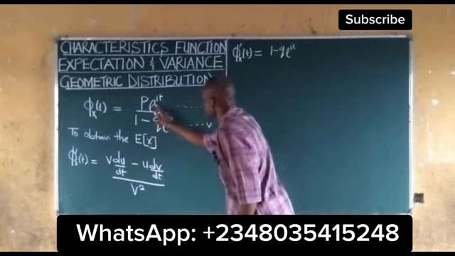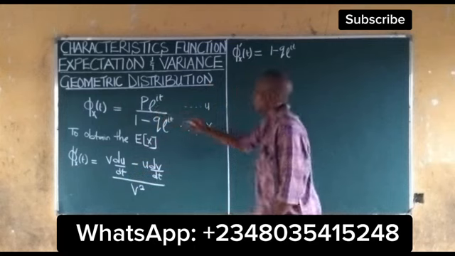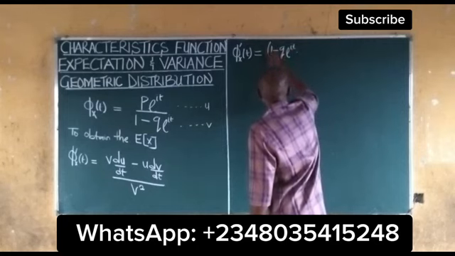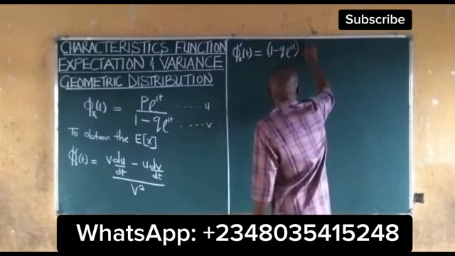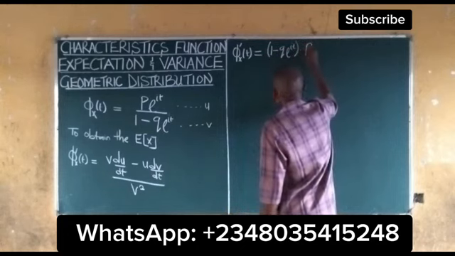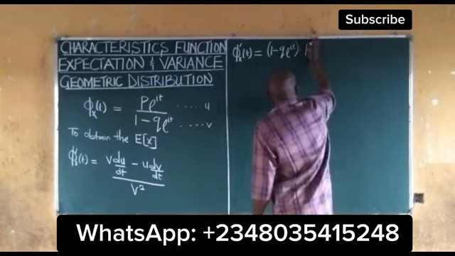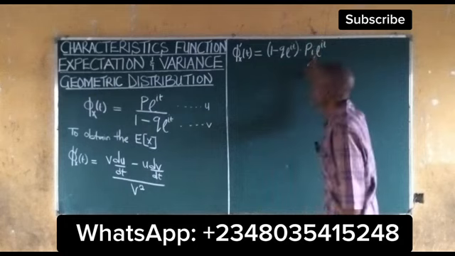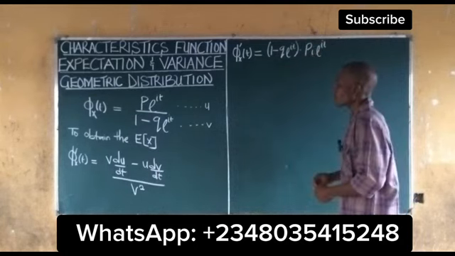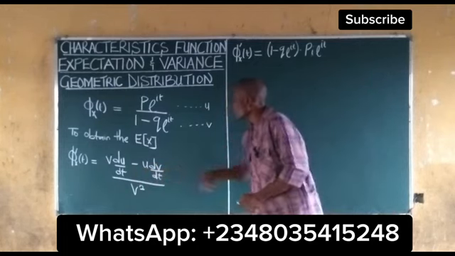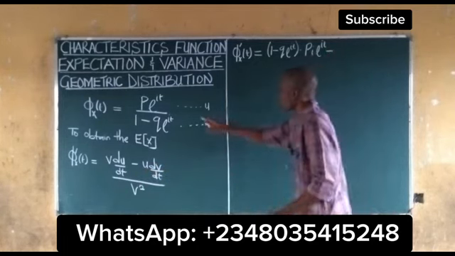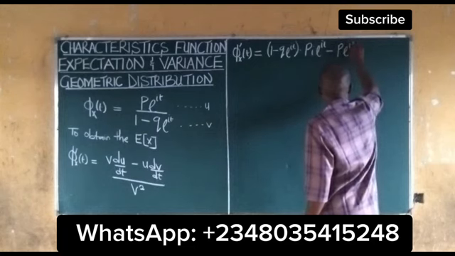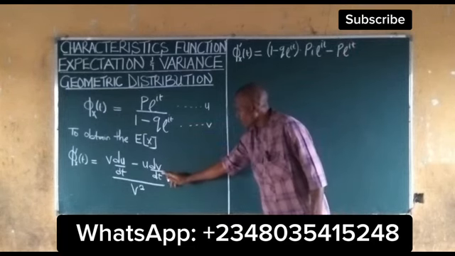The du/dt means we differentiate u. If we differentiate this, we have p i e^(it), where the i stands for the imaginary unit. Now we have minus u, which is p e^(it), times dv/dt.